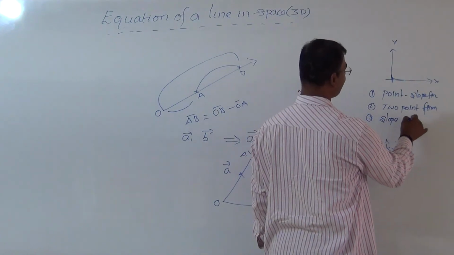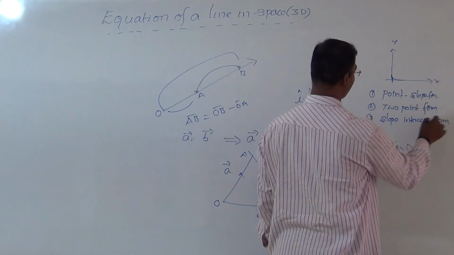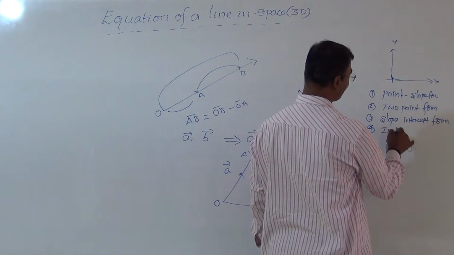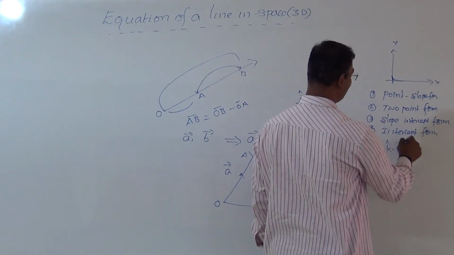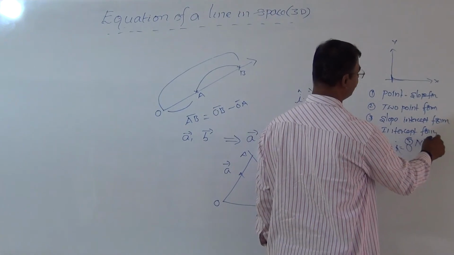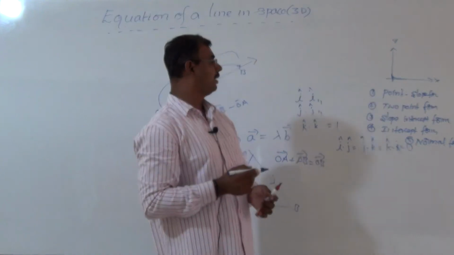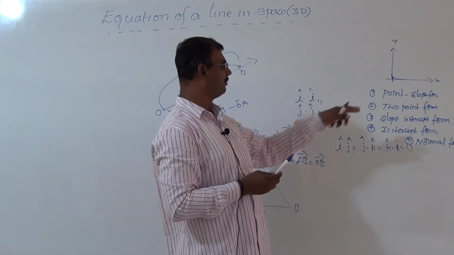Slope intercept form. What is the fourth one? Intercept form. Fifth one, normal form. So these all are different forms of straight line equations. We all know these.